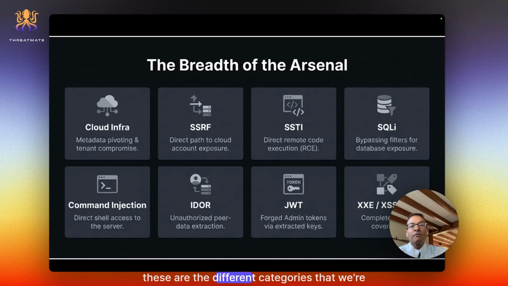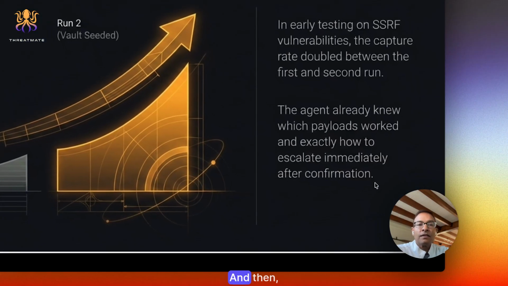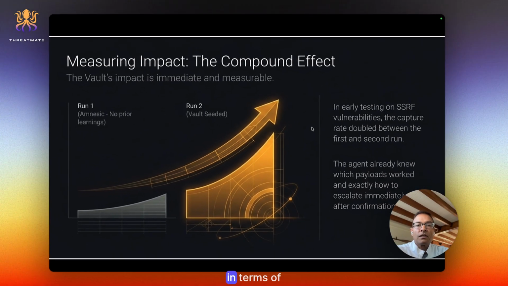These are the different categories that we're analyzing today with the Kraken Agentic Pen Tester. If you're familiar with web services testing, these categories will look familiar to you. And then we did some testing on what the compounding effect does in terms of performance, and it was truly remarkable.